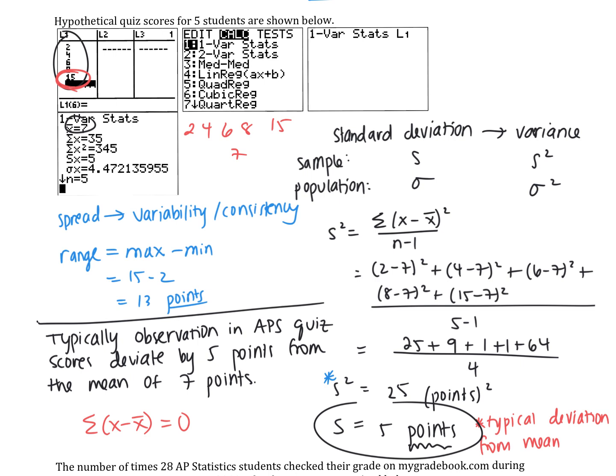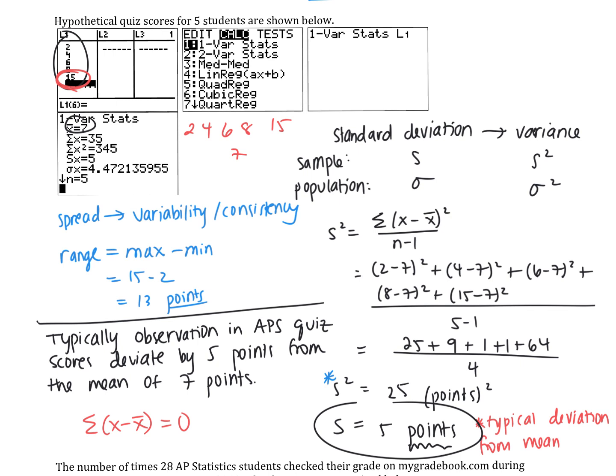Does it change the spread? Does it change the variability or the consistency of the data set? It does. In what way? Would make it smaller. It makes the data more consistent. So in this case, the standard deviation would get smaller because we added a data point that was more consistent.